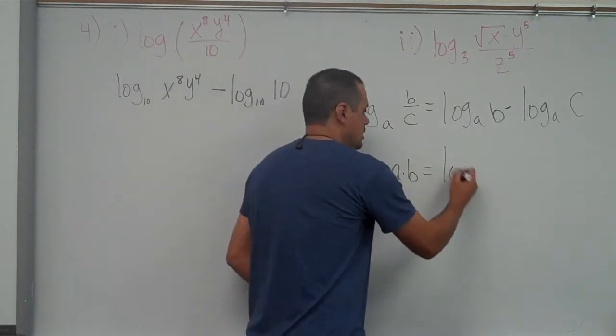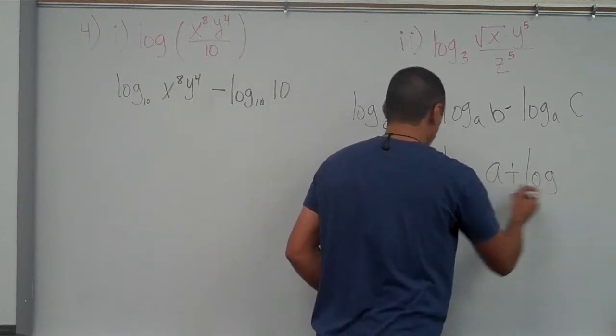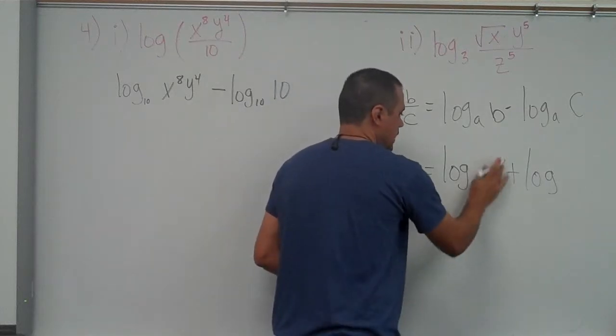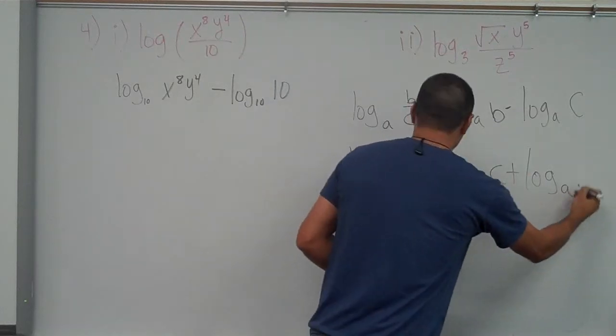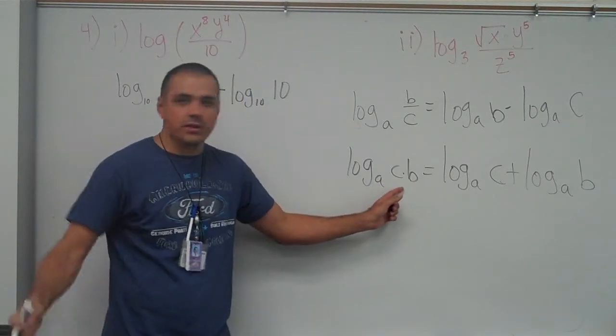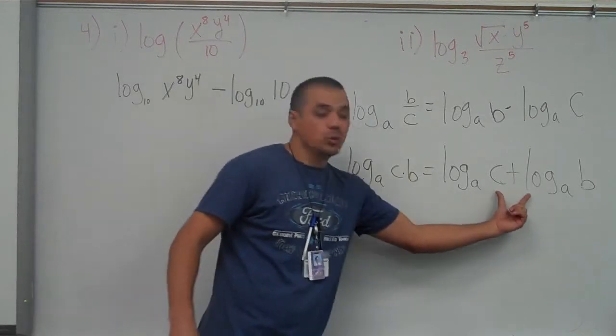That's the same as saying log base a of b plus log base a of c. In other words, if you're multiplying 2 terms, whatever they are, variables or numbers or whatever, you can go ahead and break them up into addition.